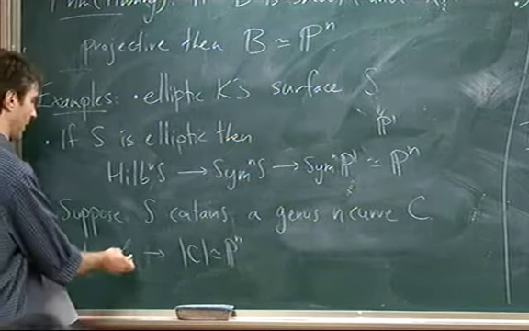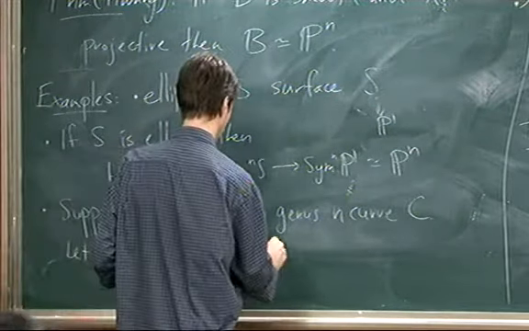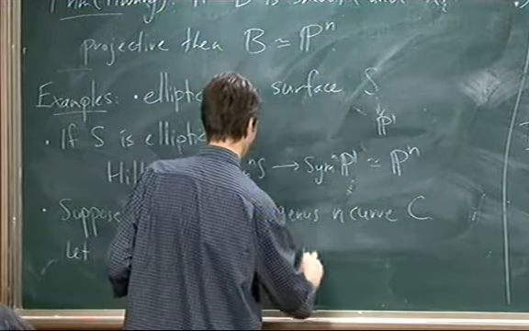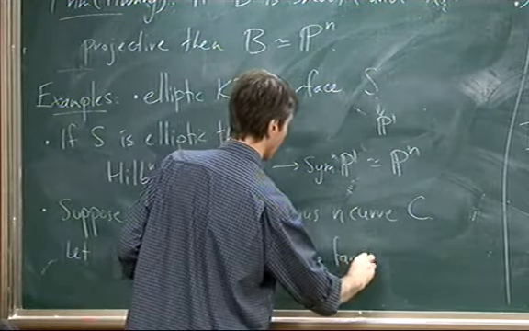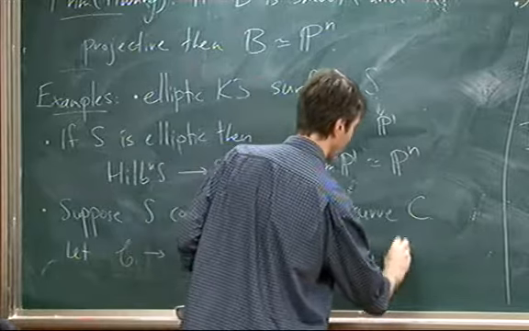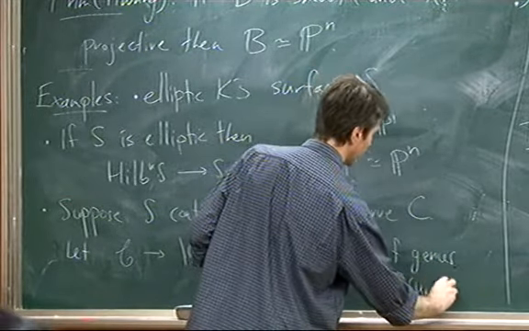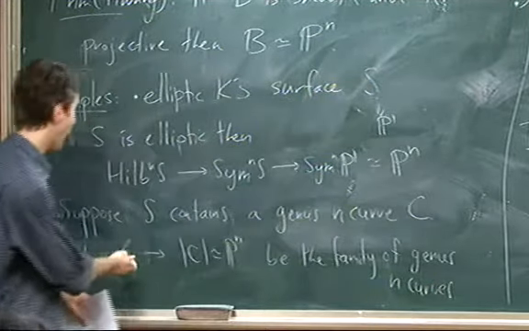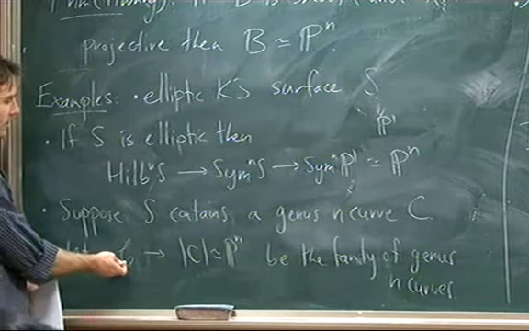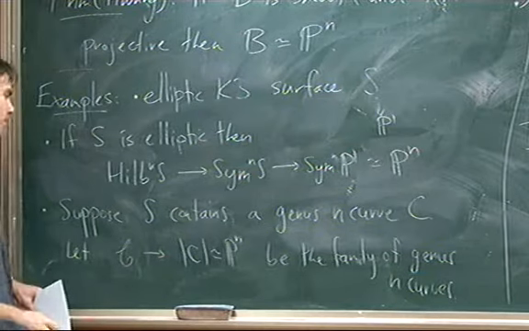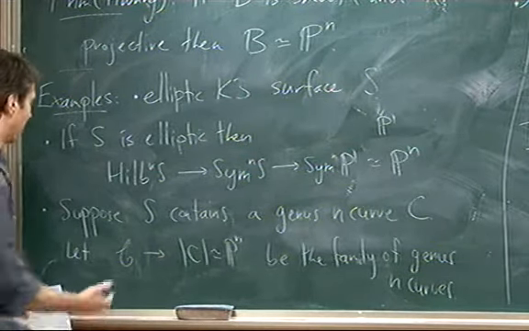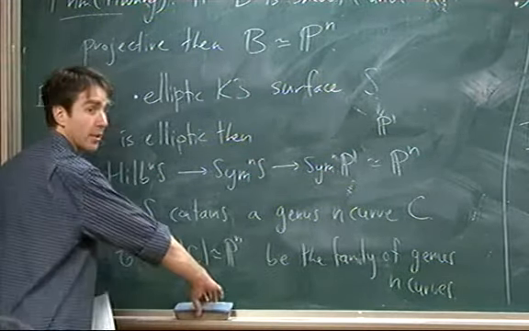And so I can take the family of curves linearly equivalent to C. Okay, so this is the family of curves linearly equivalent to C. They're all arithmetic genus n. There'll be some singular curves occurring there as well.